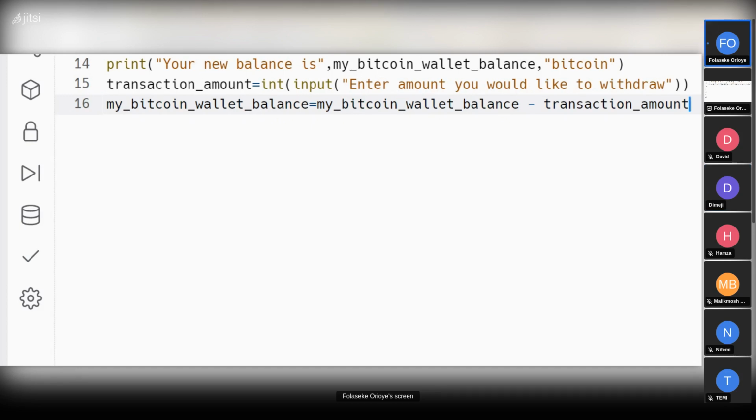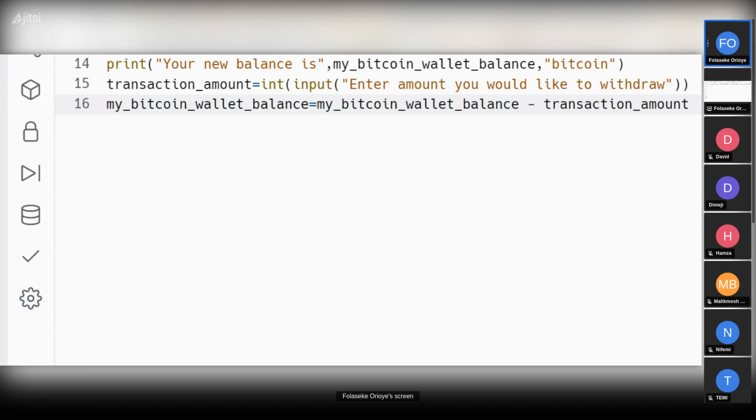So what you're saying is that my Bitcoin wallet balance and the transaction amount equation is going to be done first before the variable is assigned. That means the 3,000 that I have, that's my Bitcoin wallet balance currently, is subtracted by the 1,000 naira, the 600 I want to remove.